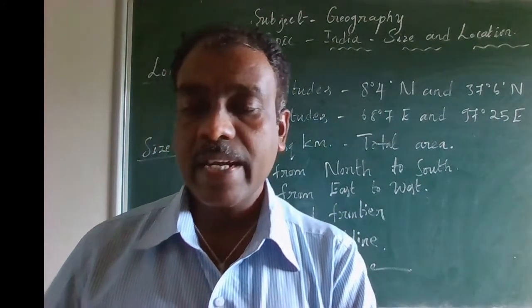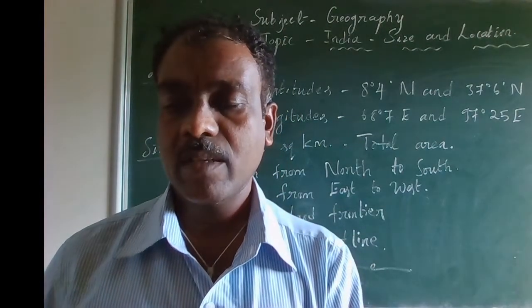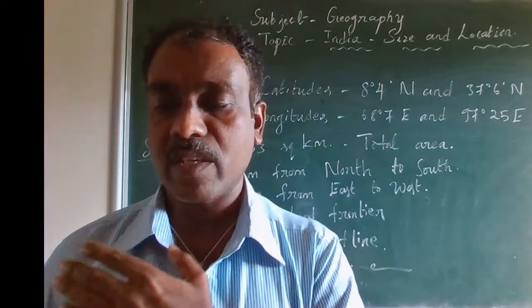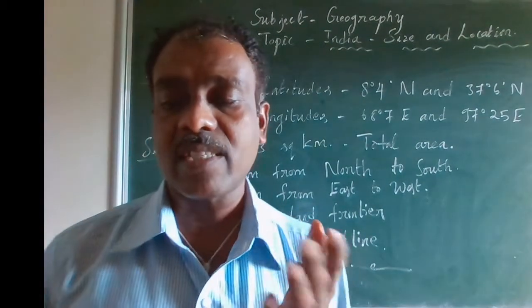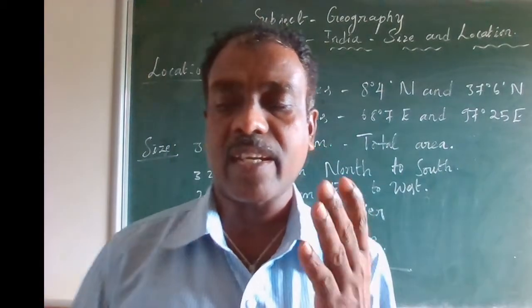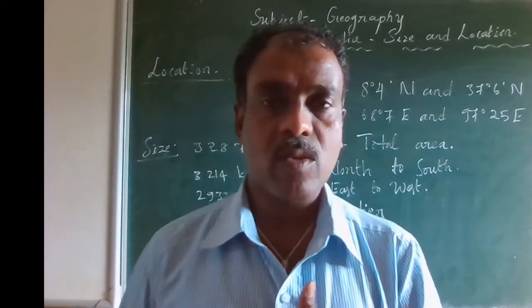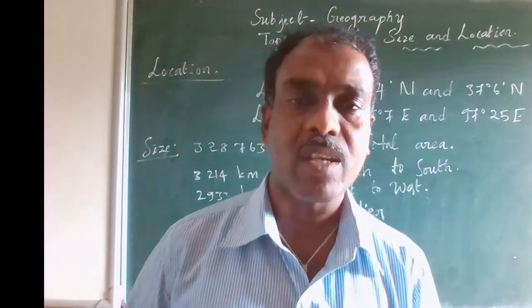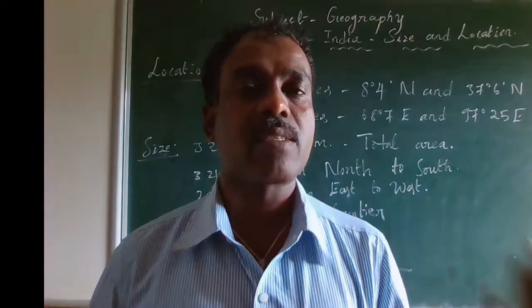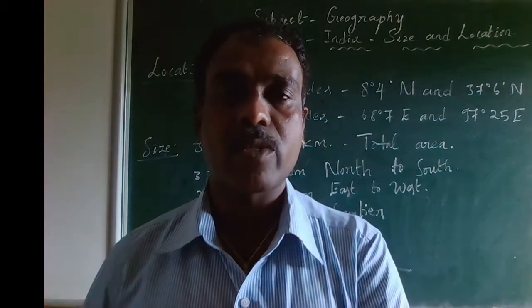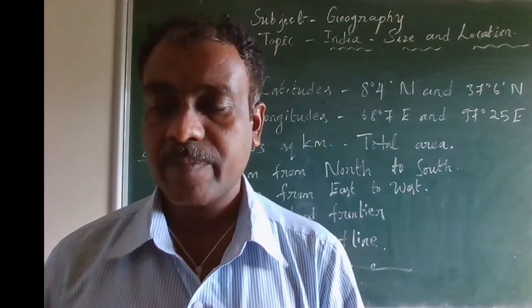And India is a southward extension of the Asian continent. The trans-Indian Ocean routes connect the countries of Europe in the west and the countries of East Asia. I already told you that it is a peninsula. On three sides, India is covered by different oceans such as the Arabian Sea, Bay of Bengal, and the Indian Ocean.